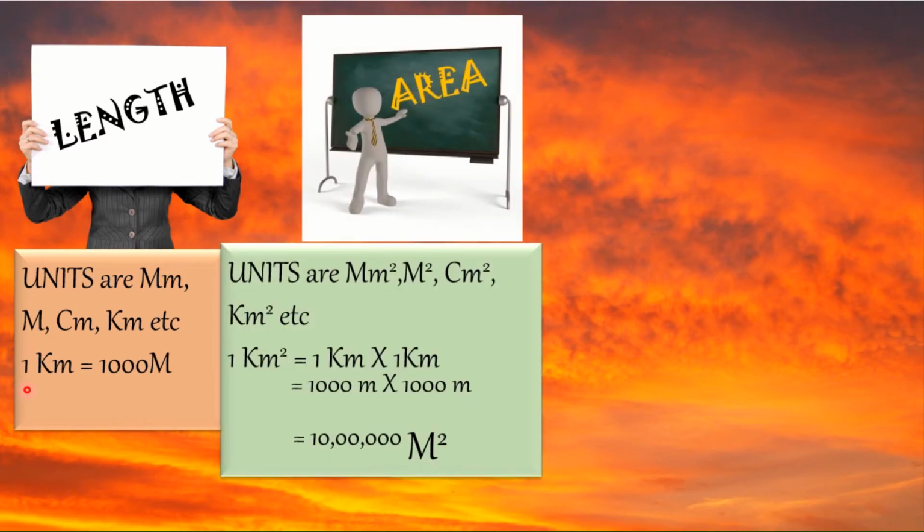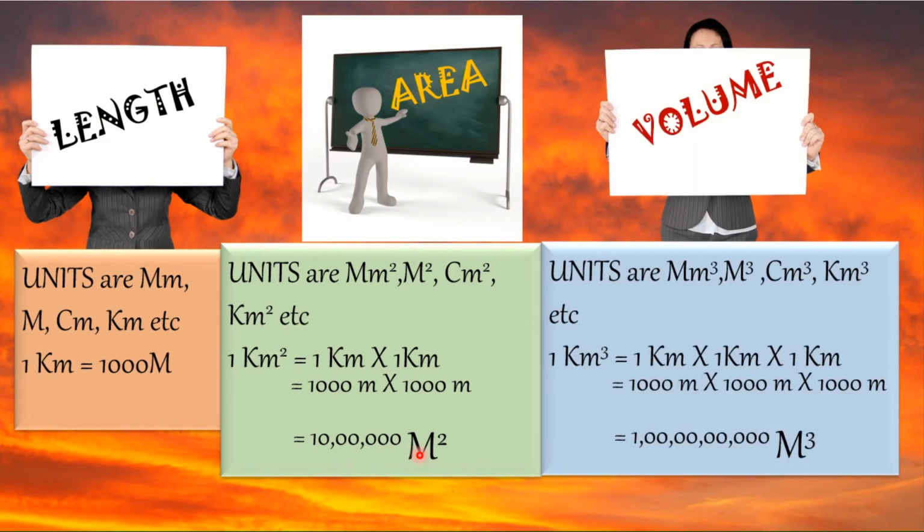And likewise, when we measure the area, we take two dimensions. So it becomes millimeter square, meter square, centimeter square, kilometer square, etc. And when you have to convert 1 kilometer square, you will convert it into 1 kilometer into 1 kilometer. And each one will be converted into meter and the final answer will come. Likewise, if we are considering the volume, we will take three dimensions.